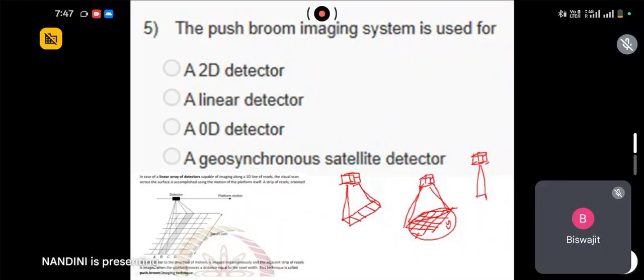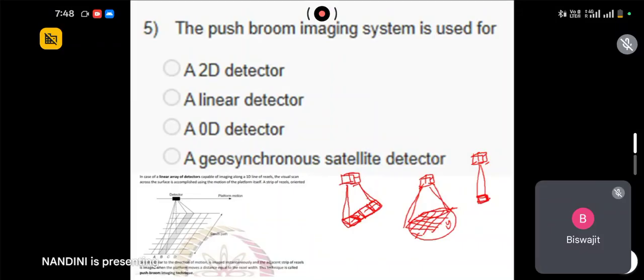Here you have multiple boxes, and here along a linear line you have multiple pixels. Each box will be a pixel based on the spatial resolution of the satellite. A zero D detector will only measure one pixel at a time. So a linear detector will give you a line, a 2D detector will give you a box of x and y dimensions, whereas a zero D detector will give you just a point or a single pixel at a time.